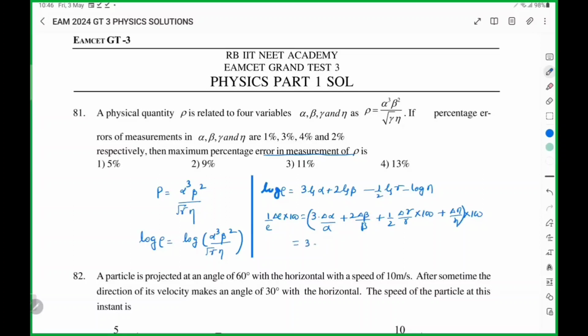So percentage error in alpha, beta is 3, gamma 4 first. So here 6 plus 4, so 13%.